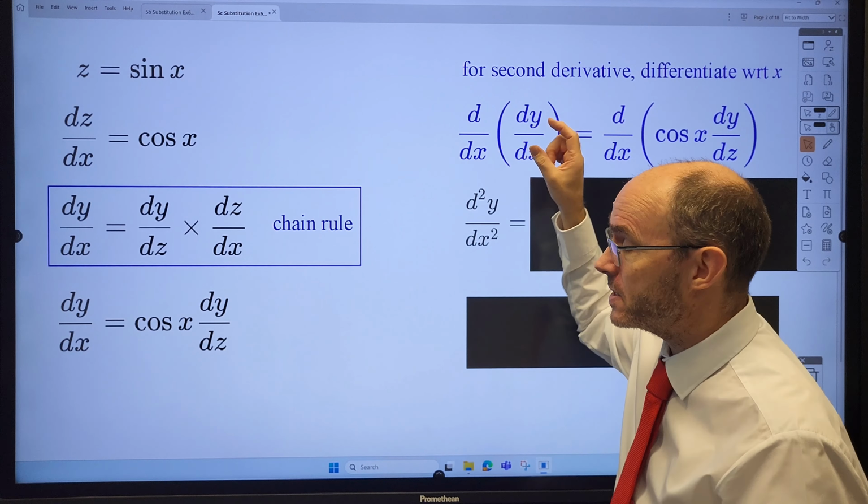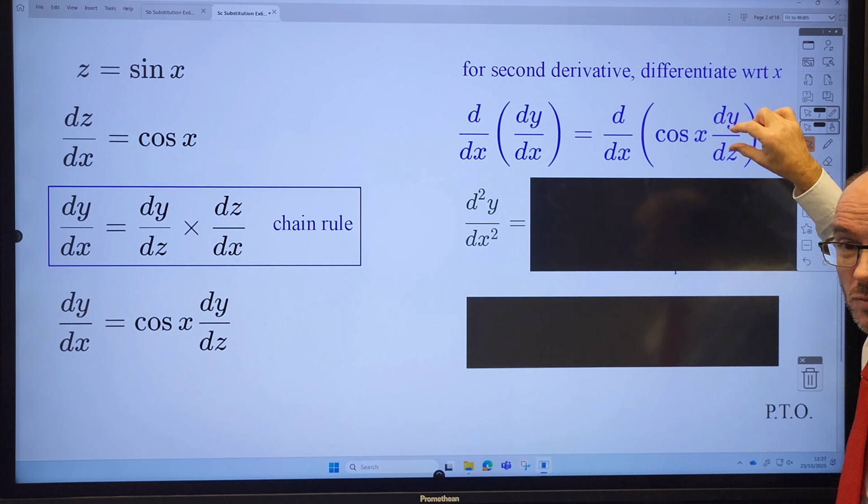This bit here is going to be the challenging bit. You need to use the product rule for that because you've got a product of 2 terms. v du dx plus u dv dx is how I remember the product rule: that multiplied by the derivative of this, added to that multiplied by the derivative of that.